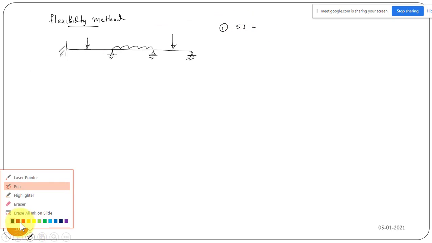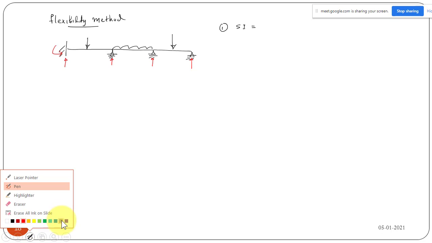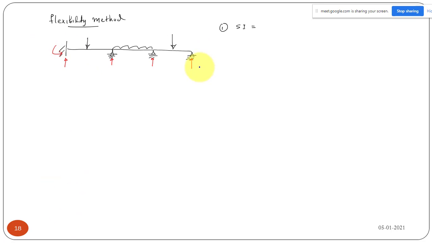The first step is to find the static indeterminacy. For a vertical load, at the fixed end a vertical reaction and a moment will be there, and here we have a vertical reaction, here a vertical reaction, and here a vertical reaction. So in total we have five unknowns: 1, 2, 3, 4, 5.